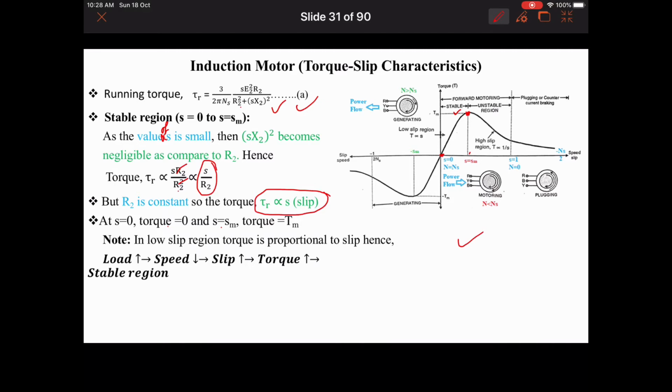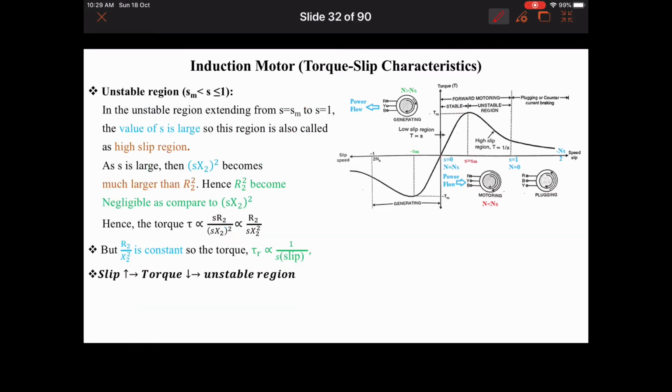Hence, in the stable region, if load increases, speed will decrease, and if the speed decreases, slip will increase, because we know s is equal to ns minus n divided by ns. So if n decreases, it means slip will increase, and if the slip increases, from this formula torque will increase.